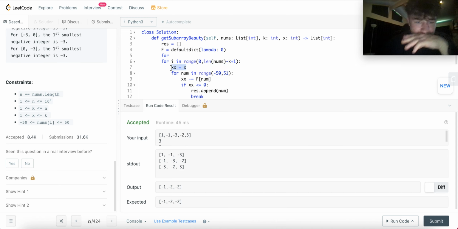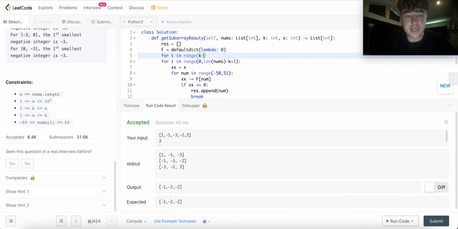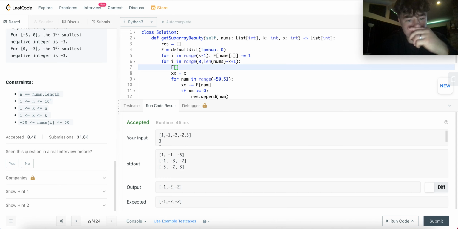So then how do I add to the frequency? Before we start, we're going to say for i in range k-1, f of nums at i plus equal 1. Okay. So when we start, we'll add in the newest element.